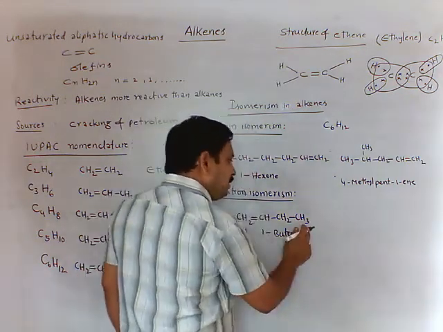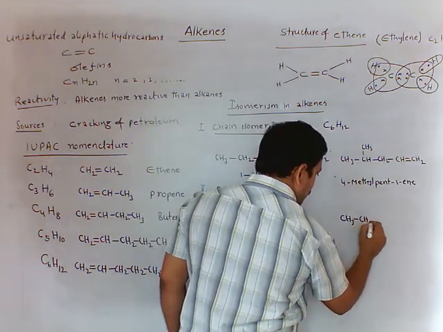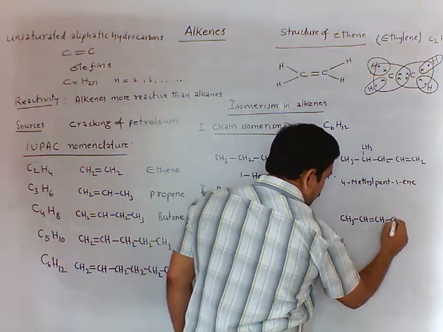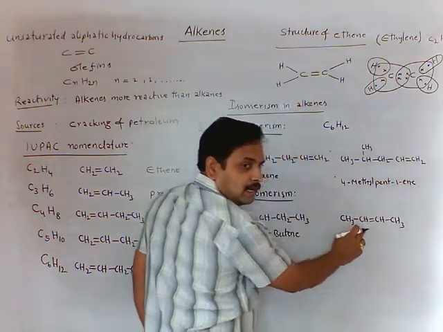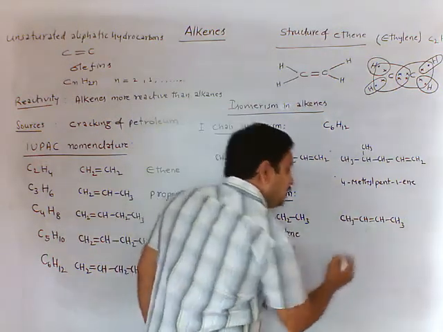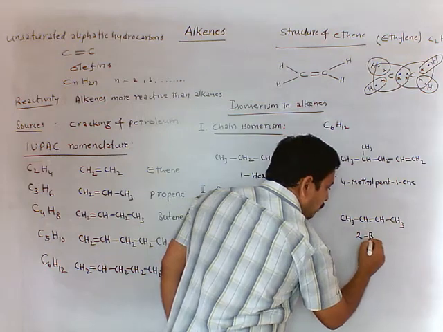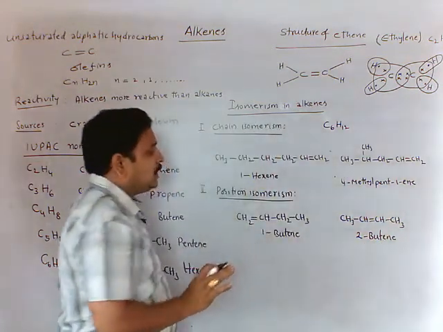Now it can be written as CH3, CH double bond CH, CH3. This is 1, 2. Second carbon we have double bond. That's why we can write here it is 2-butene. So here double bond position is different.